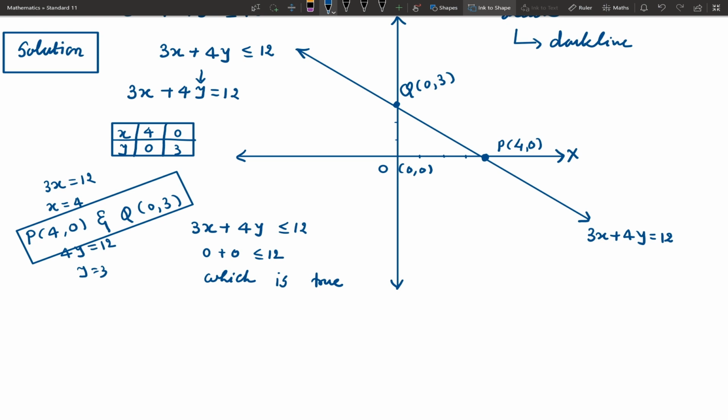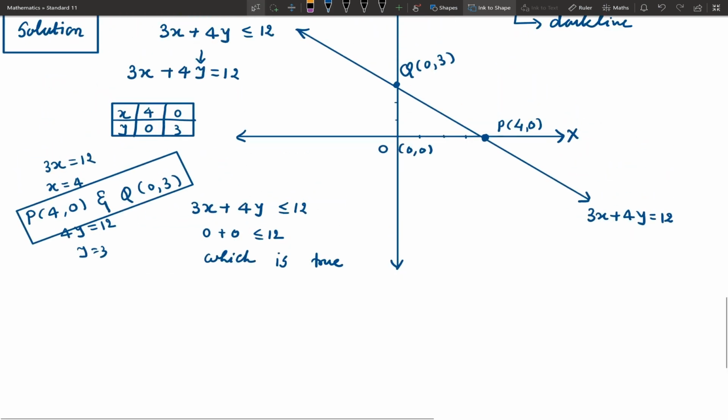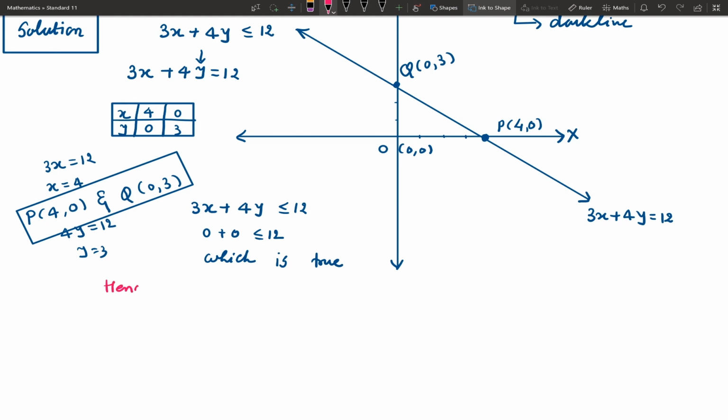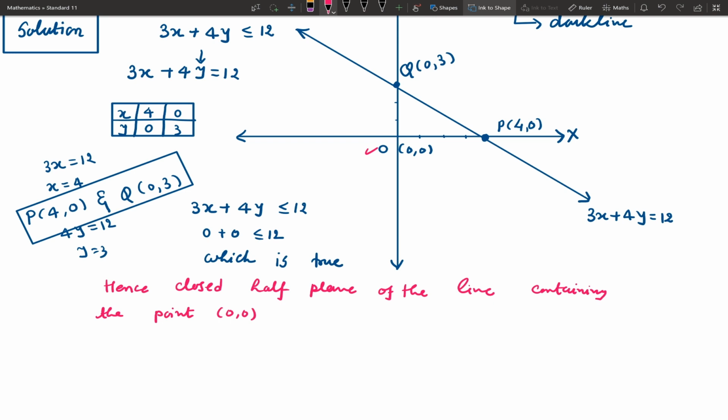And therefore, hence the closed half plane of the line containing the point 0 comma 0 is the solution set.